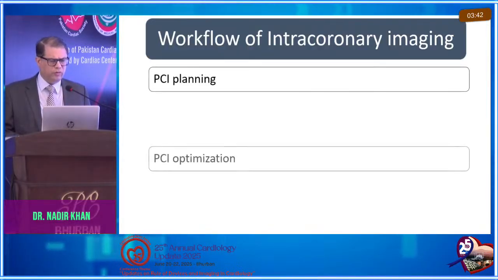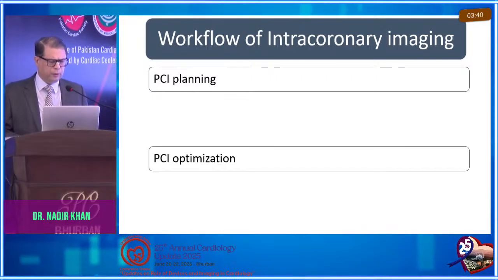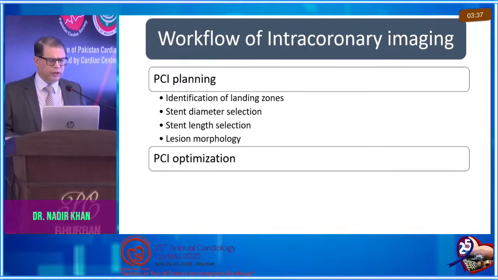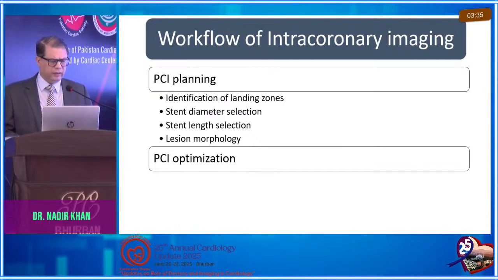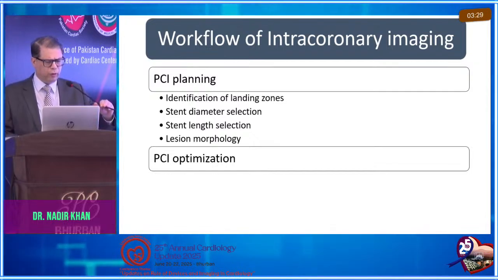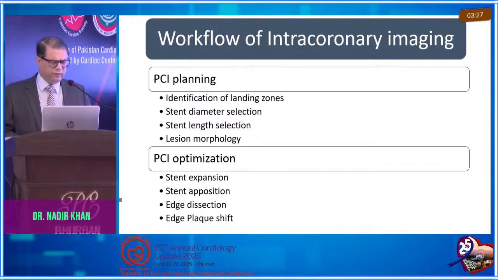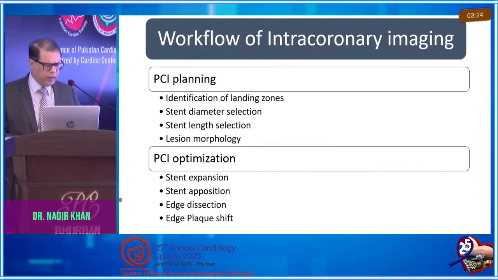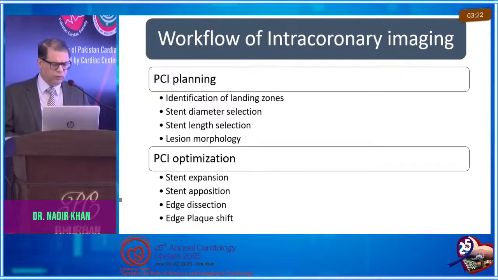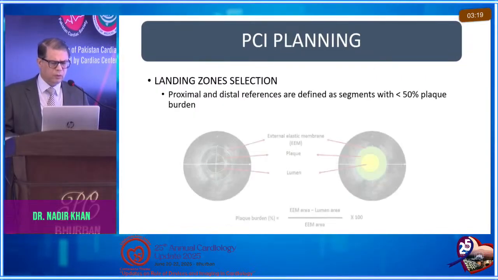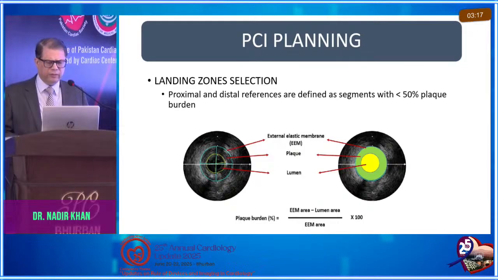We can use coronary imaging for PCI planning and optimization. For planning, we need to identify the landing zone, the stent diameter, the stent length, and the lesion preparation according to the lesion morphology. Optimization includes stent expansion, apposition, edge dissection, or an edge plaque shift. Landing zone selection has to be less than 50% plaque wherever your stent is landing, in the distal or the proximal portion.